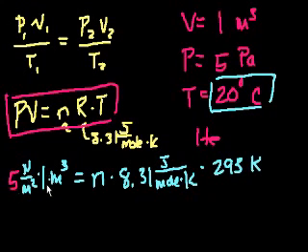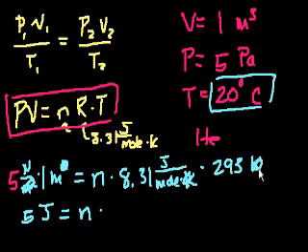So let's see. I get 5 times 1, and meter squared, meters cubed, this cancels out. This just becomes a meter. Newton meters, joules. 5 joules is equal to N moles times 8.31 joules per mole Kelvin. Well, this Kelvin and this Kelvin cancel out.